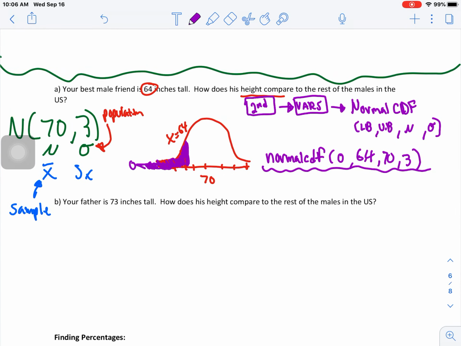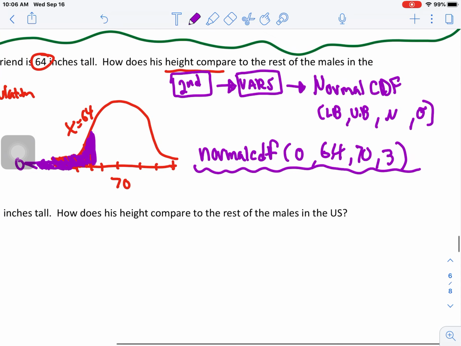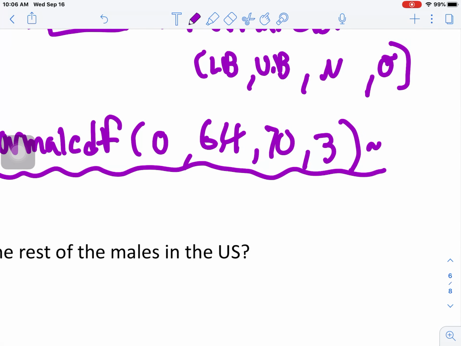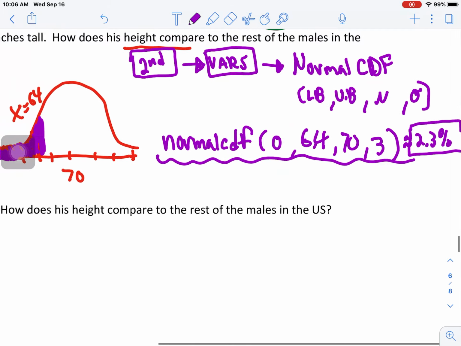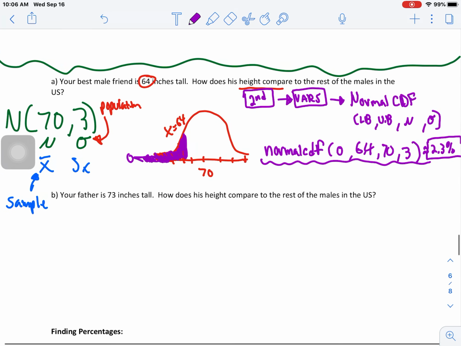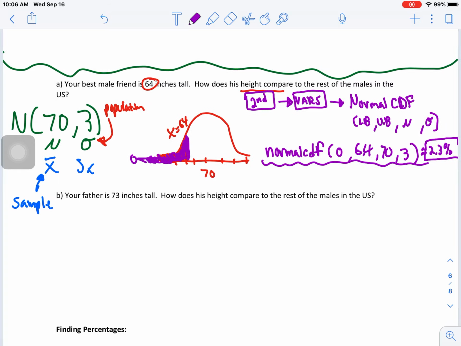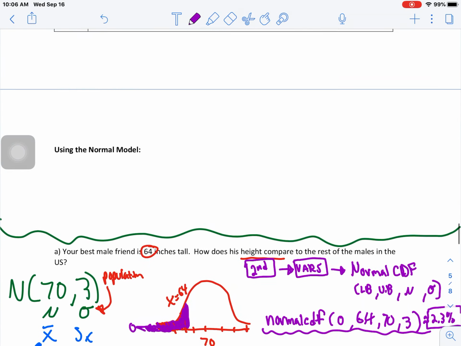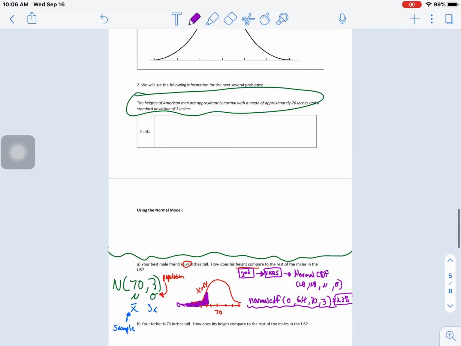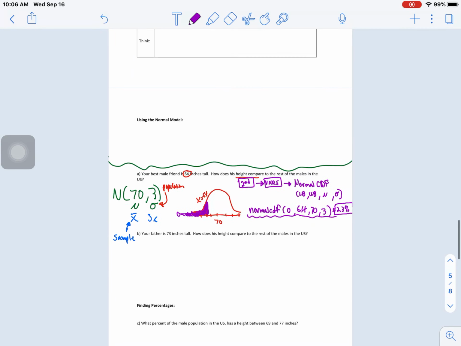So what that means here, let me write this over here. What that means in context is that our friend that is 64 inches tall is only taller than about 2.3% of the adult male population in the US, I believe. Yep, American men.